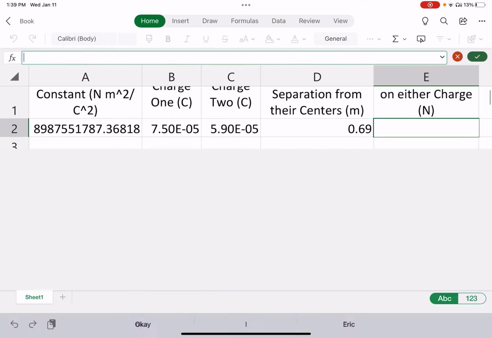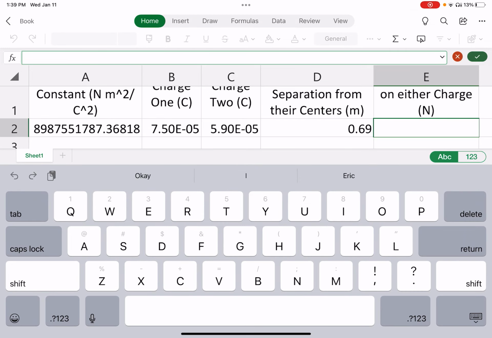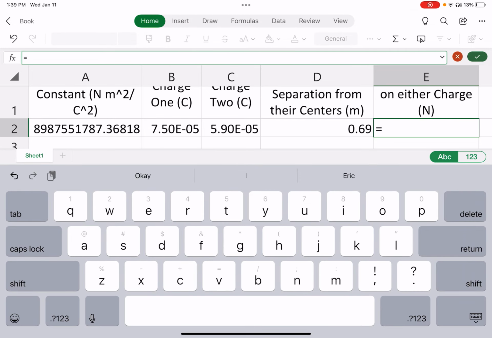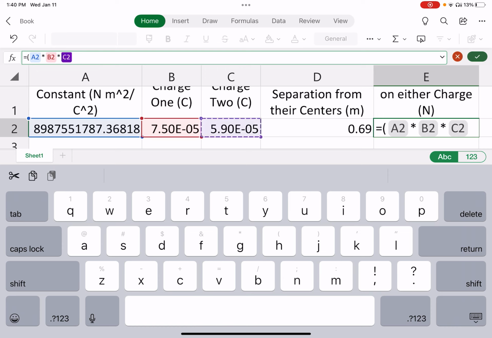Now we want to do our force calculation. The force here is just going to be equal to our Coulomb's constant. And I'm going to put all of this in the numerator by placing a parenthesis around it. So I have all of these. And then my denominator is going to be the square of the distance.